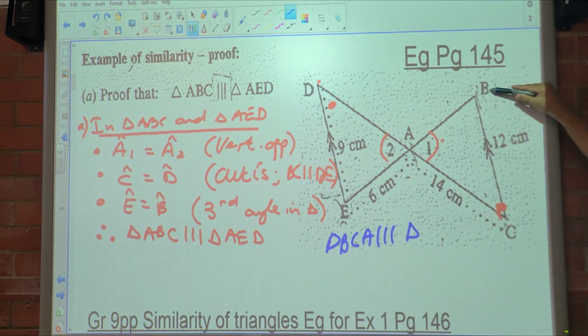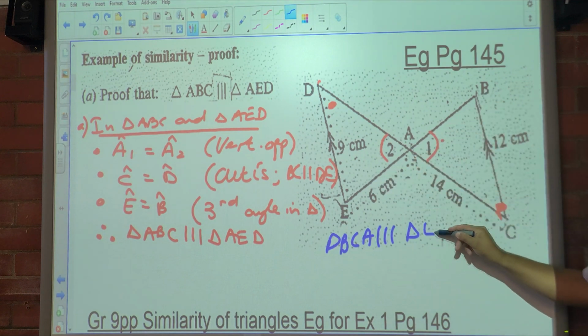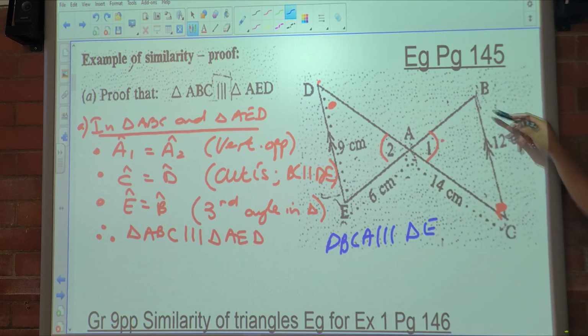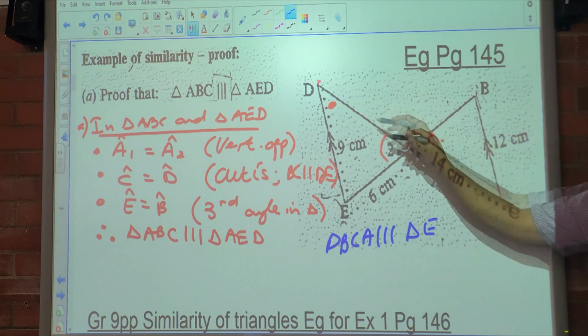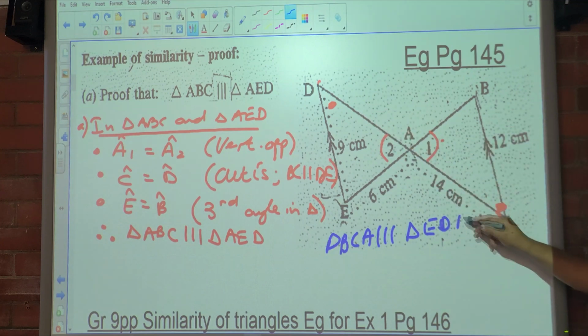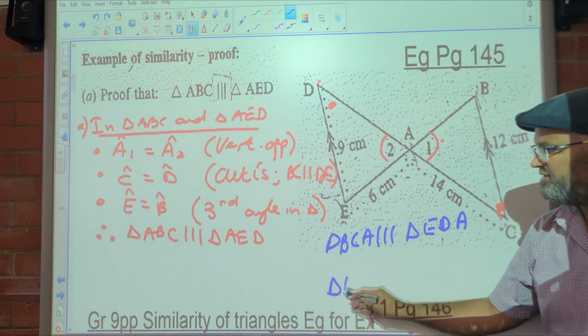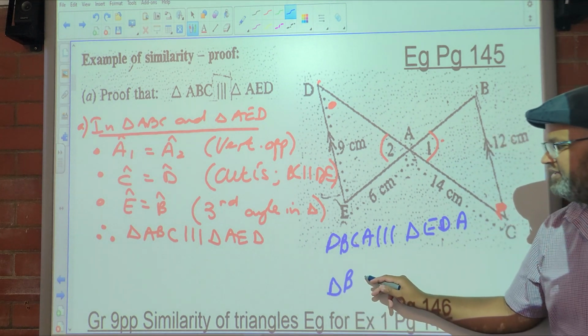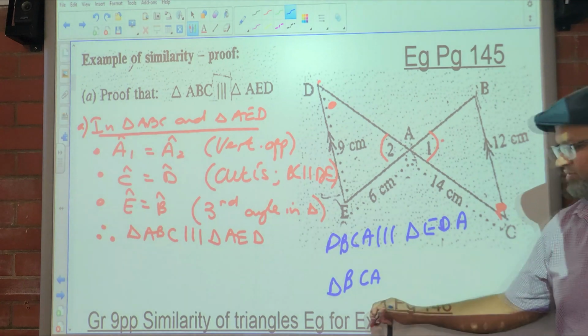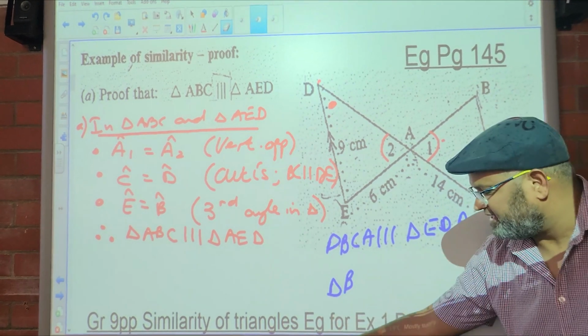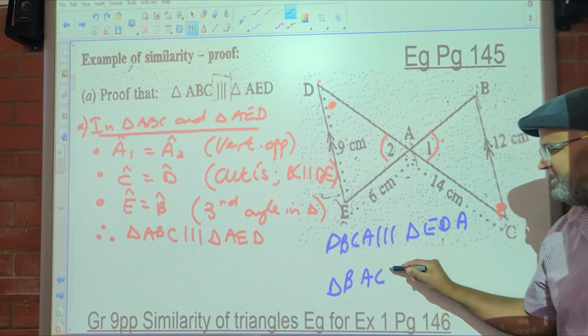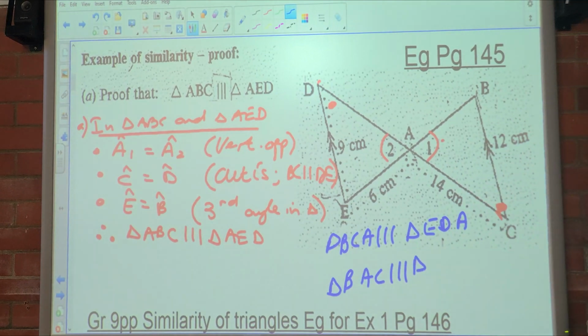B must be E, then C must be D. What if it was triangle BAC similar to triangle?